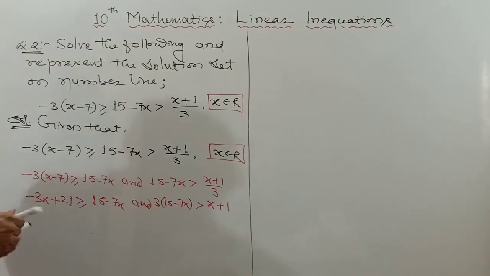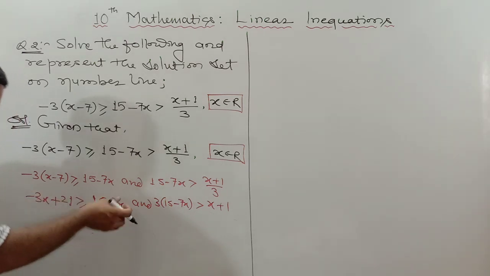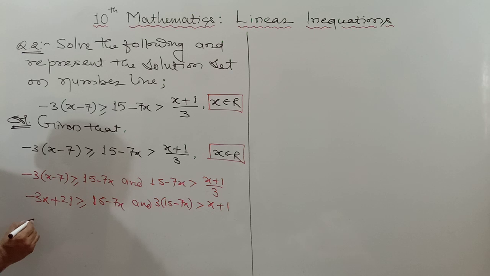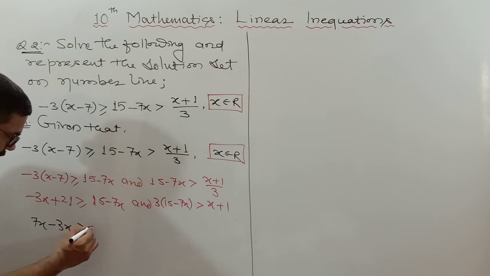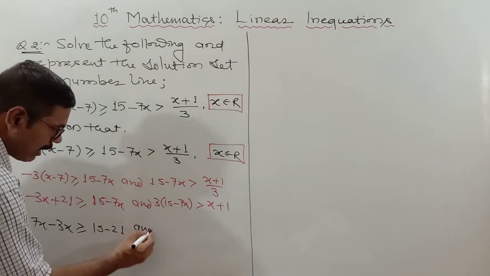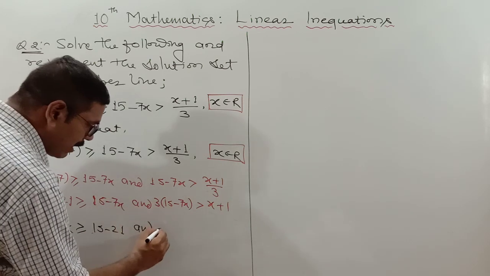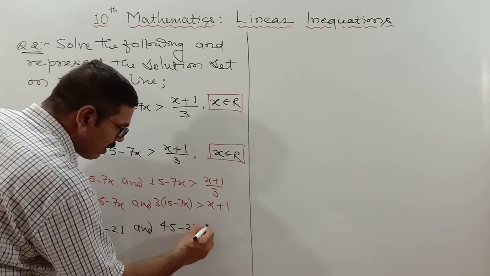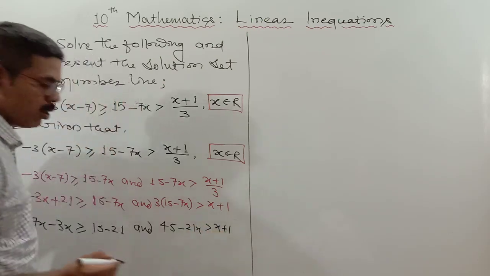Is there any doubt? I don't think so. Now we'll just transpose. So minus 7x we will take here, so x will become positive. So this will become 7x minus 3x is greater than or equal to that. 21 will take there, so 15 minus 21. And similarly we'll multiply: 3 times 15 is 45, minus 21x is greater than x plus 1.